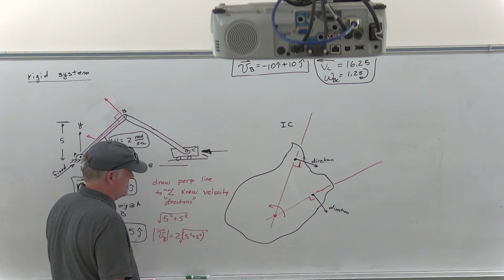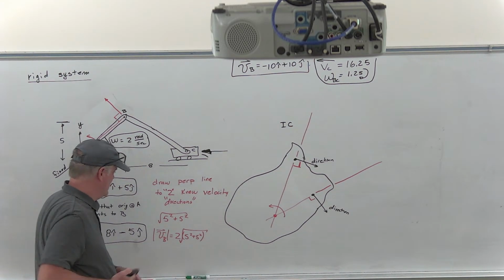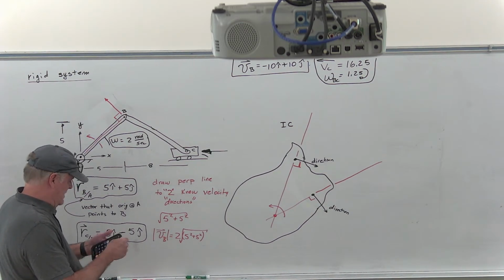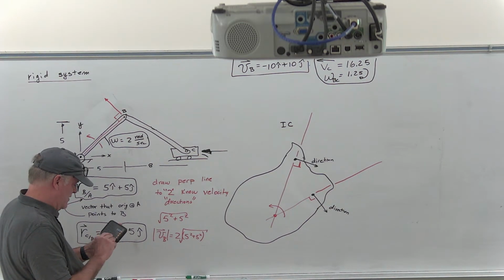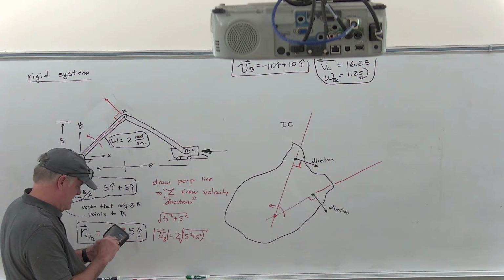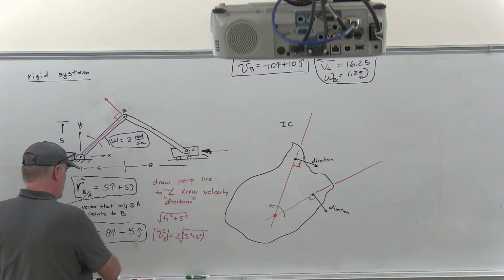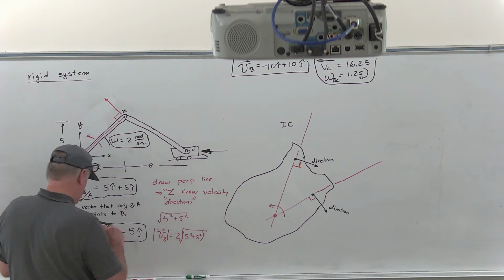I'll eventually need to know this, so I might as well do that. It's 50, so it's the square root of 50, and then times 2.